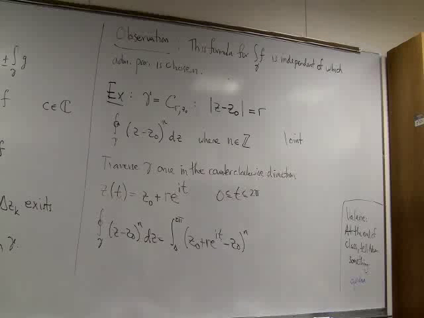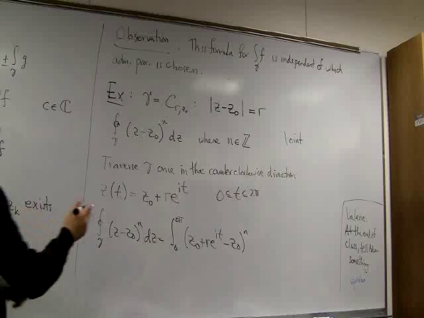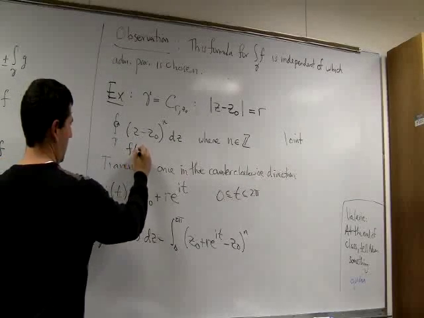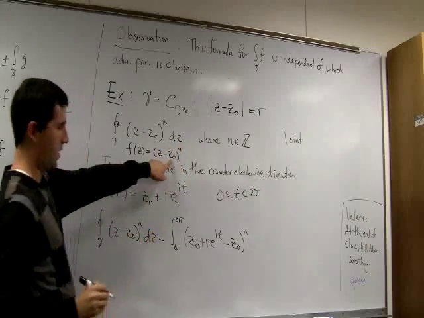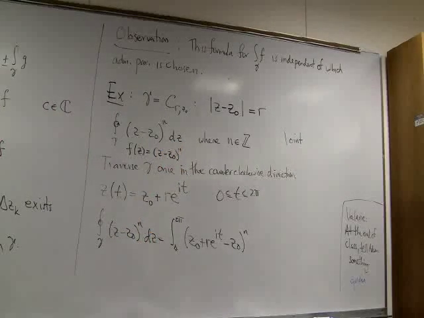I'll pause for questions. Make sure you believe that's how you plug it in. You might be thinking, wait, where do I put it into where? Our function f of z is z minus z naught to the n. z naught is a constant, that's not going to change.